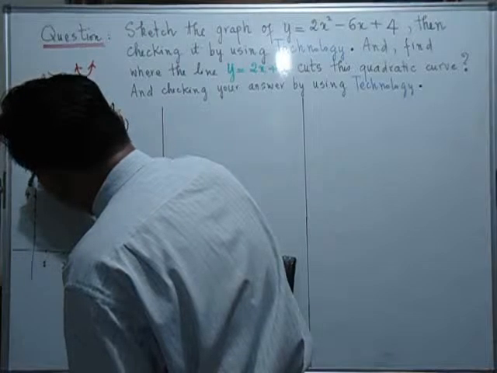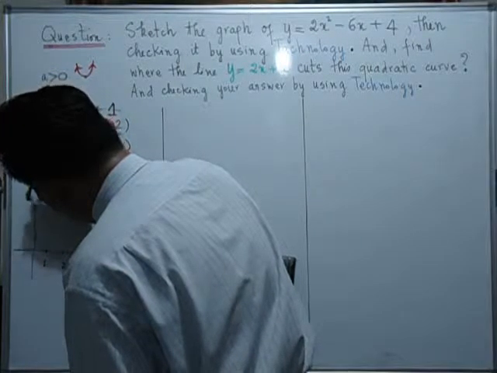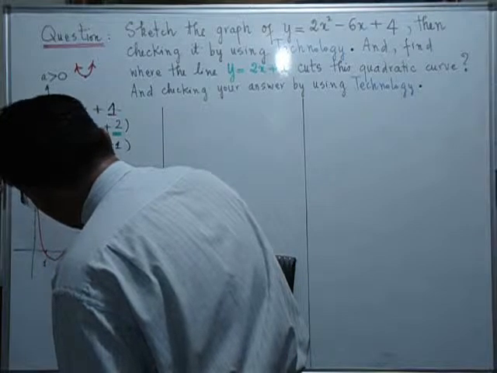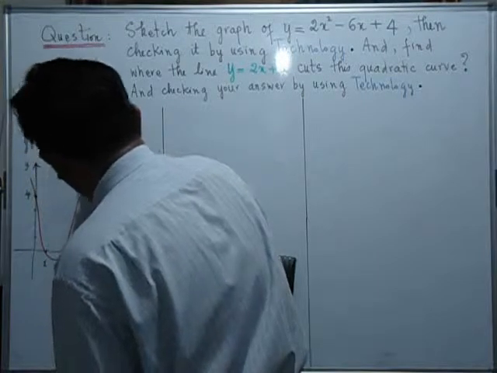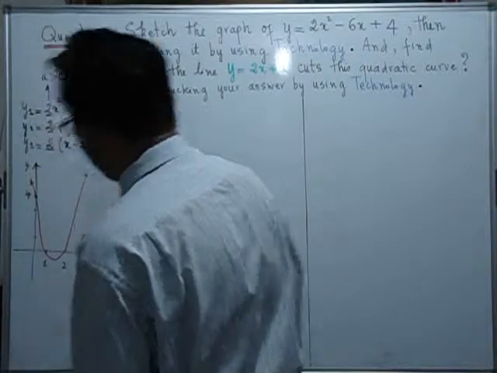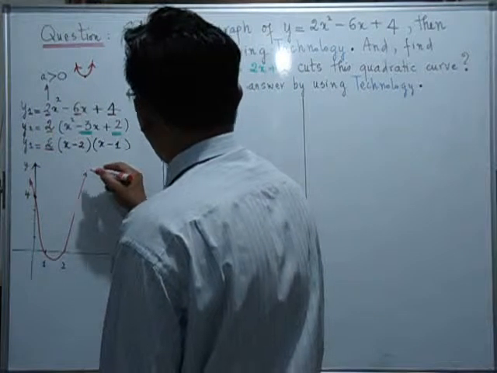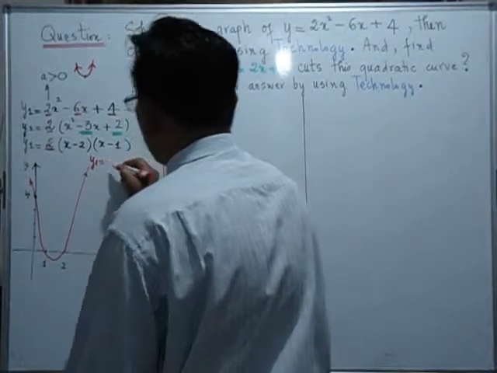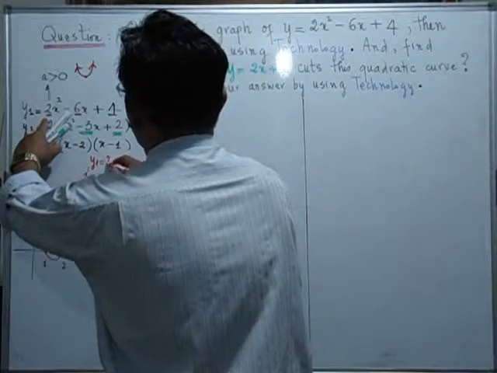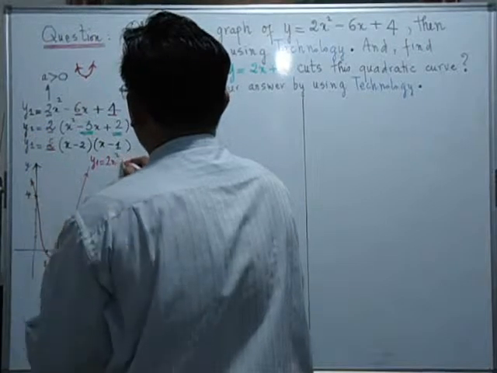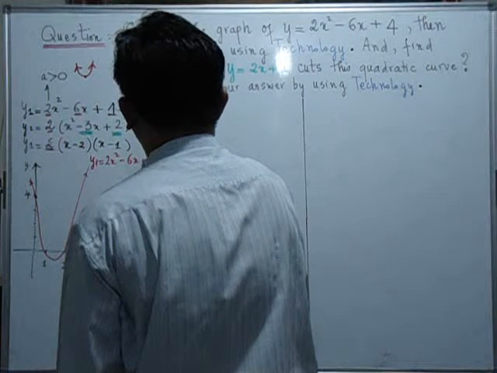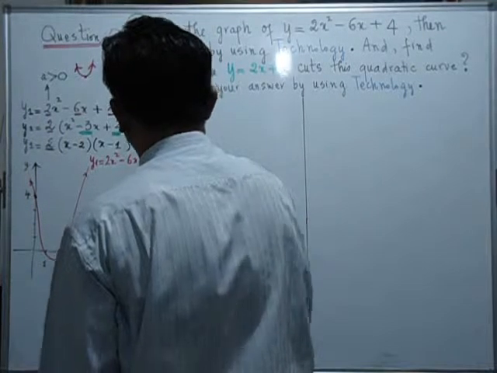The graph must pass through these points. Like that. So this graph means y1 equals 2x squared minus 6x plus 4.